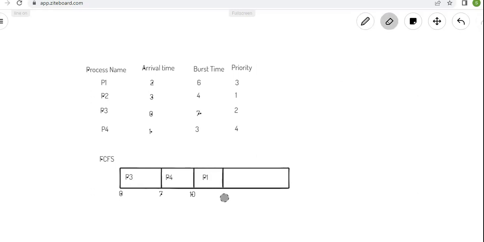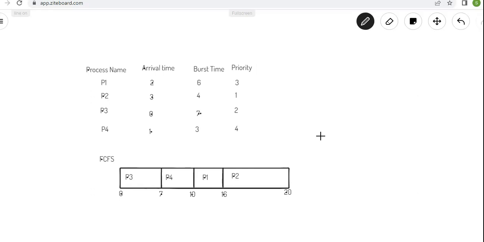So 10 plus 6 is going to be 16 milliseconds. Then comes the last process, which is P2, whose arrival time is 3 and whose burst time is 4. So 16 plus 4, totally 20 milliseconds. In these 20 milliseconds, all the processes have been scheduled and executed completely.